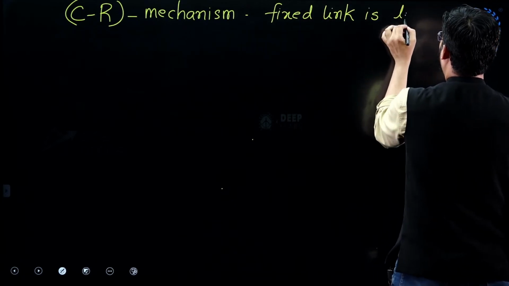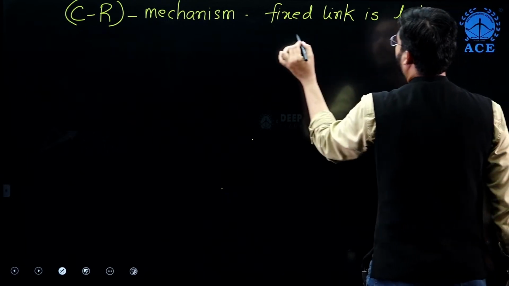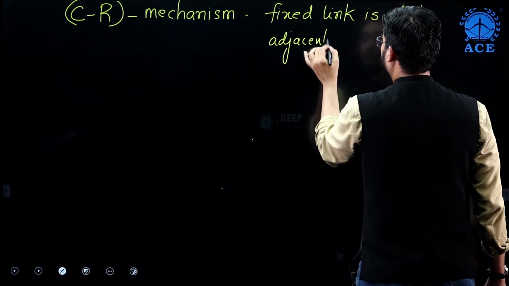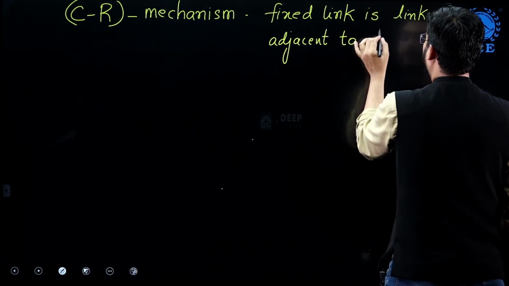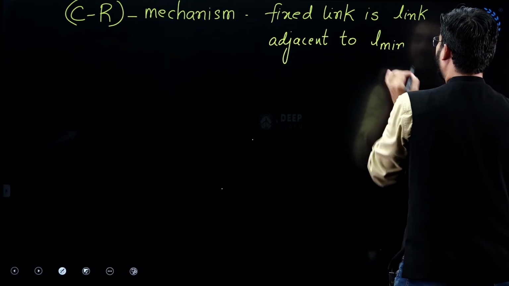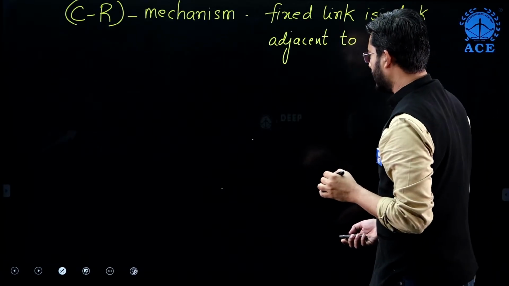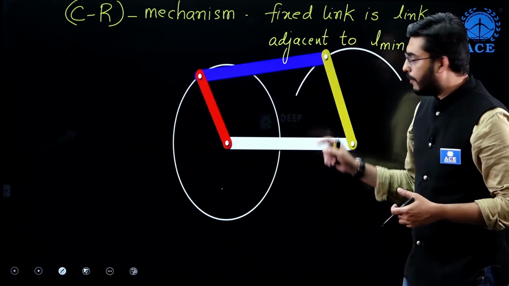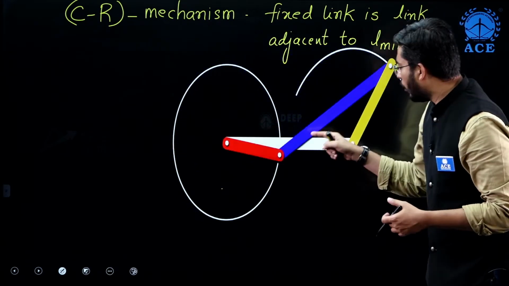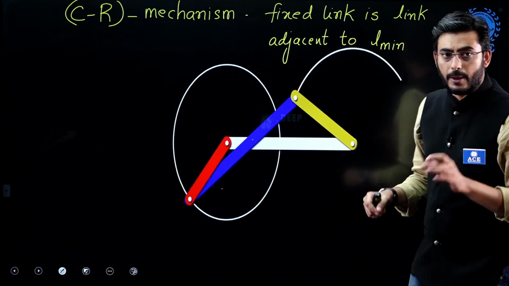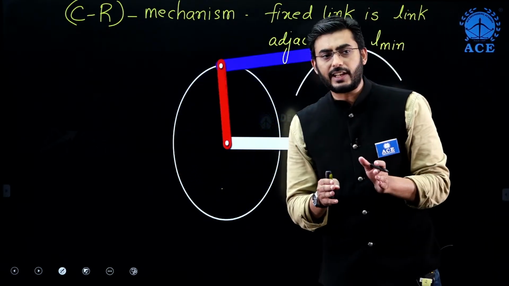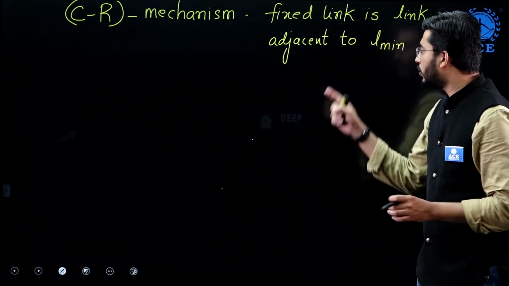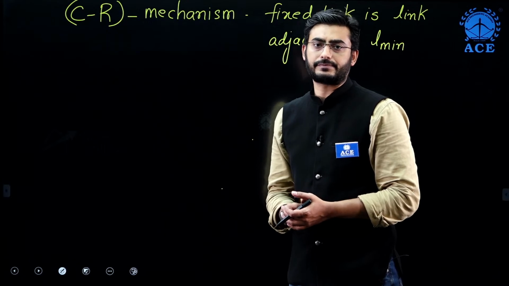Whether we fix the white color link or the yellow color link, in both cases, white and blue color links are adjacent to the red color link, that is L minimum. So when we fix these two, we are definitely going to get a crank-rocker mechanism.